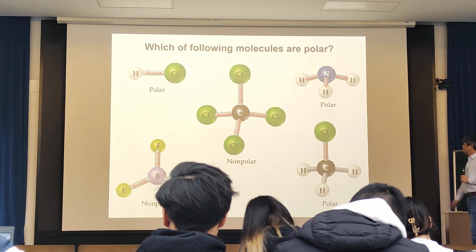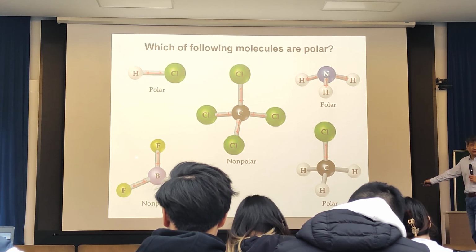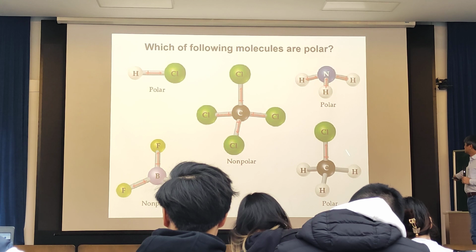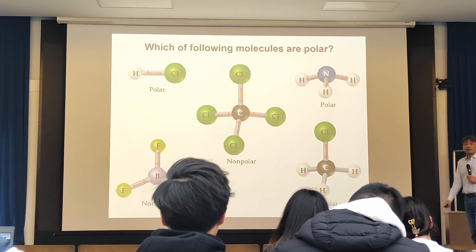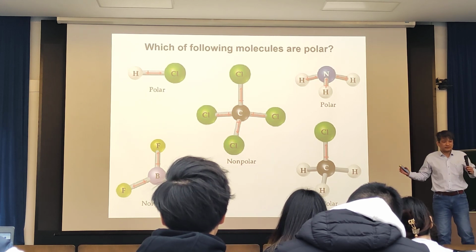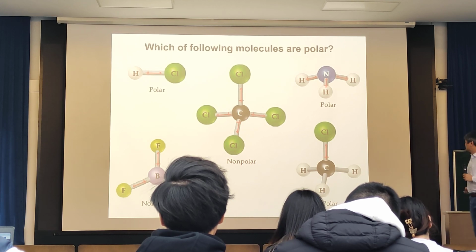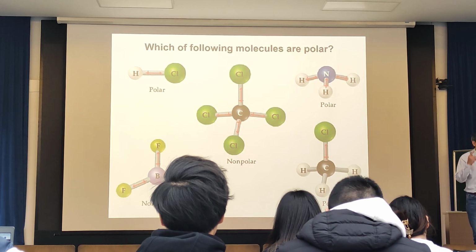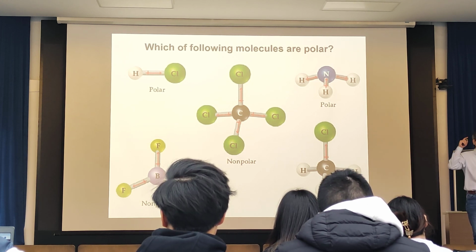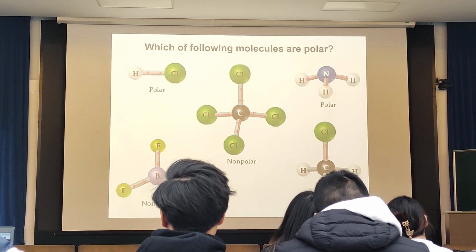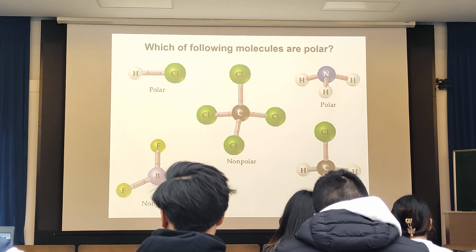This compound is soluble in water, but this one is not. Okay? This one, because the dipole moment is different from 0 but not very high like water, the compound can be soluble in water, but with low solubility. The amount of this compound dissolved in water is low. Okay? And of course, this compound will not be soluble in water.